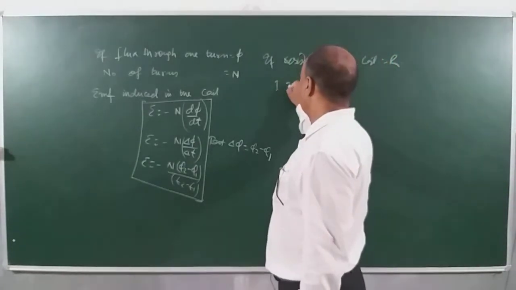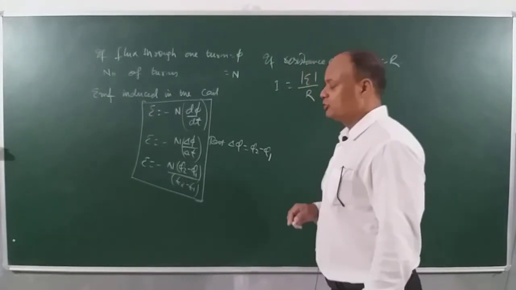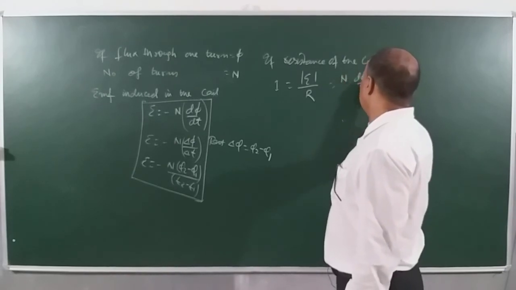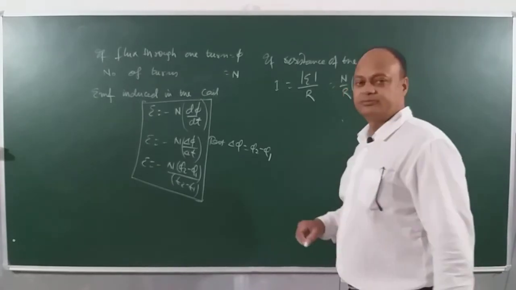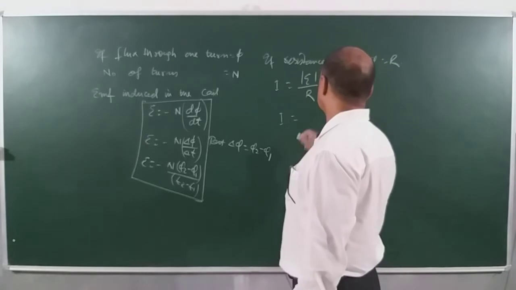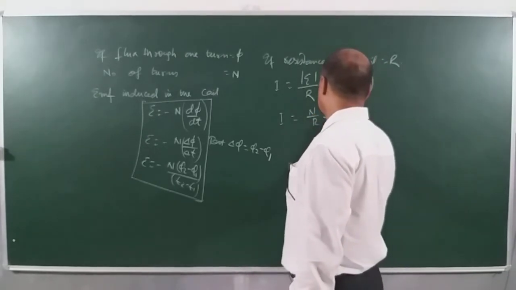I will be the magnitude of EMF divided by R, and the magnitude of EMF is how much? N d phi by dt, and this will be divided by R. Clear? Or you can write I is equal to N by R into delta phi by delta t.